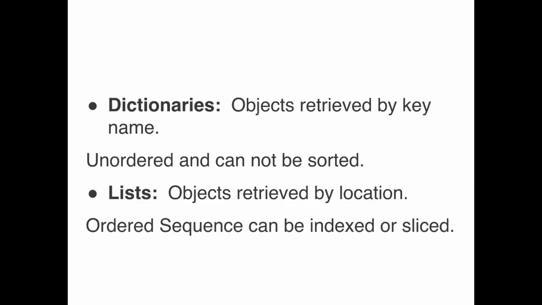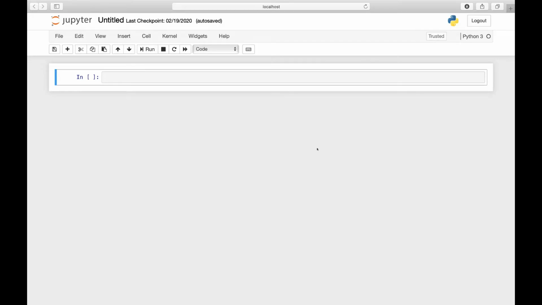Everybody, please go to your notebook and follow what we will be doing today. We are now here in Jupyter Notebook in another browser. Let's first start our discussion by creating a very simple dictionary.